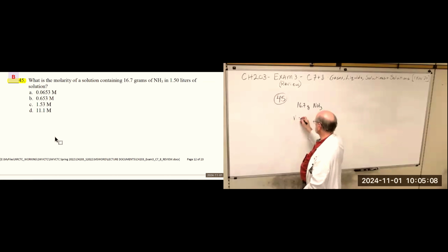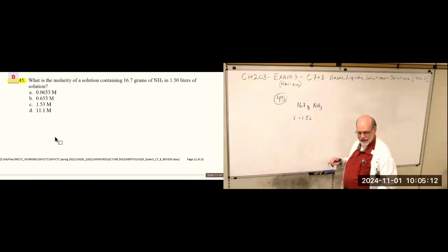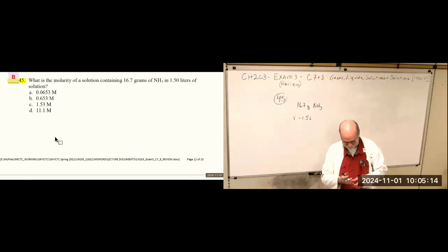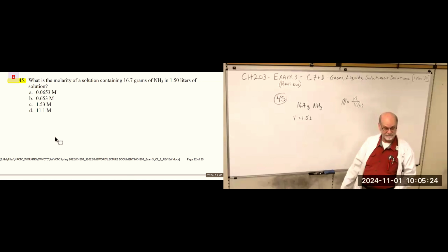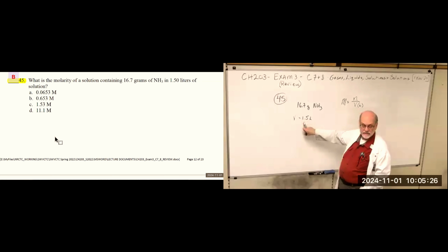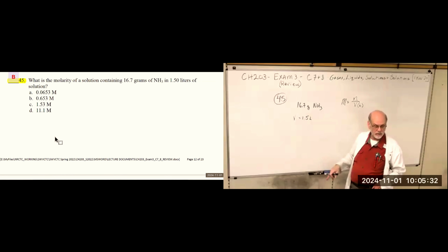So the volume of the solution is 1.5 liters. How do we calculate molarity? Moles per unit volume, and the volume has to be in liters. So that's already met. We've got the volume in liters. But 16.7 grams is not moles. So how do you convert that to moles?